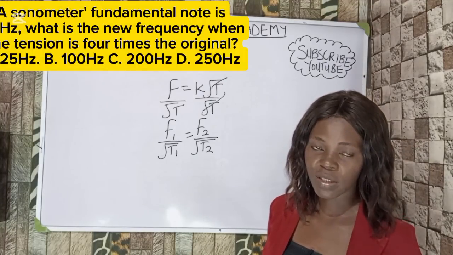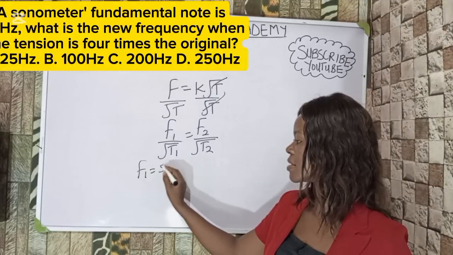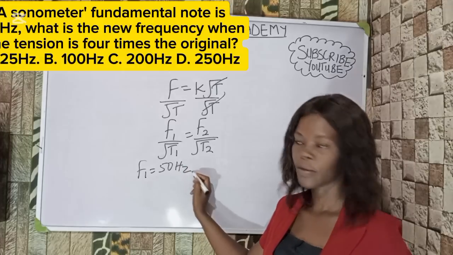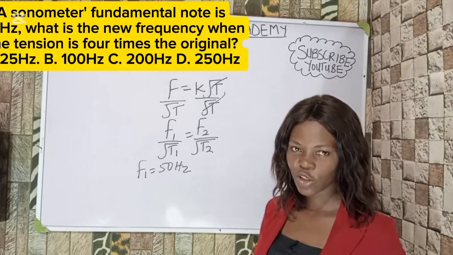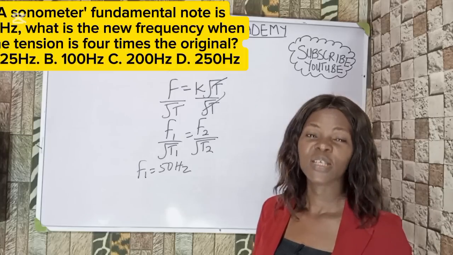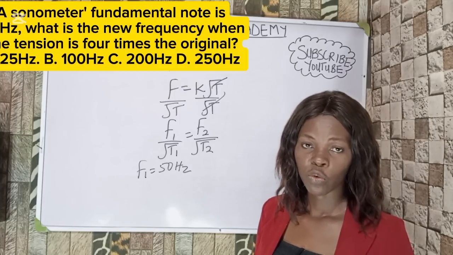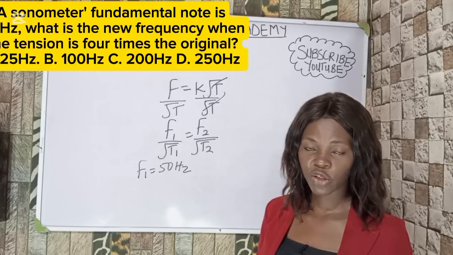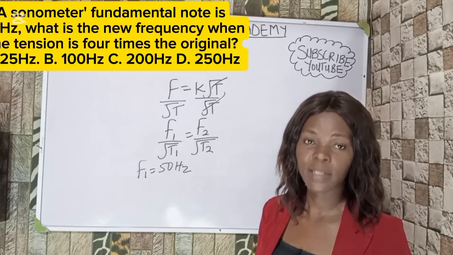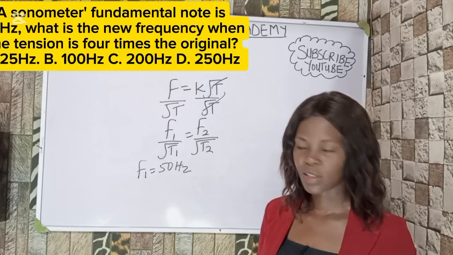The first frequency, F1, is given as 50 Hz. Now they said the second tension was 4 times the original tension. That means T1 becomes T, while T2 becomes 4T. That is just it.